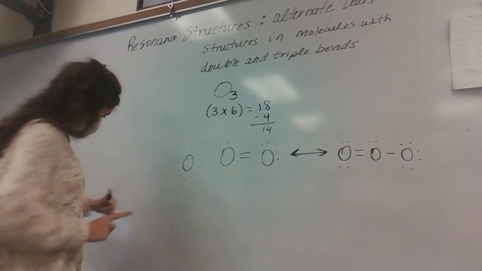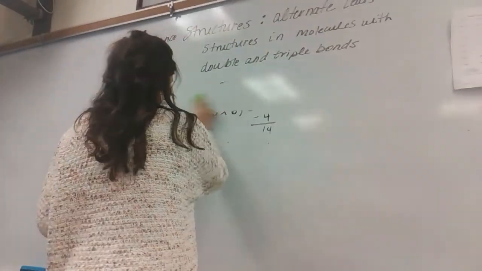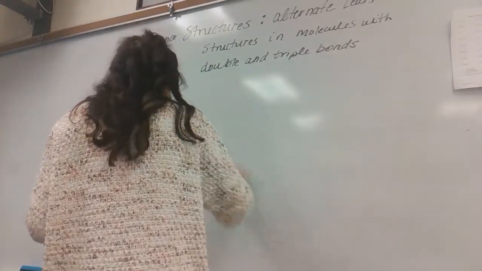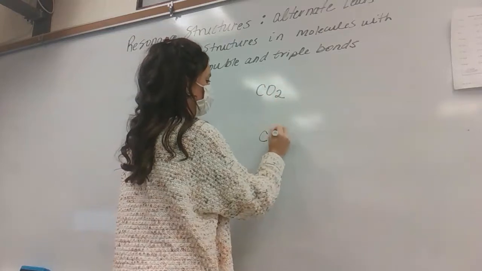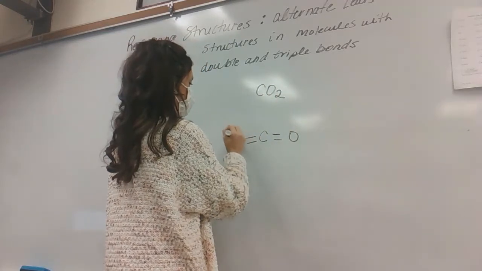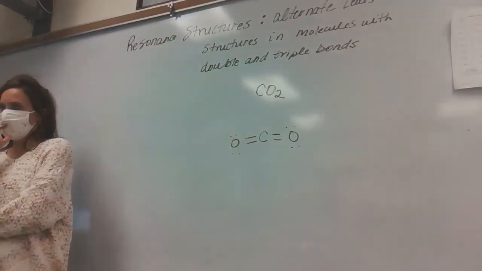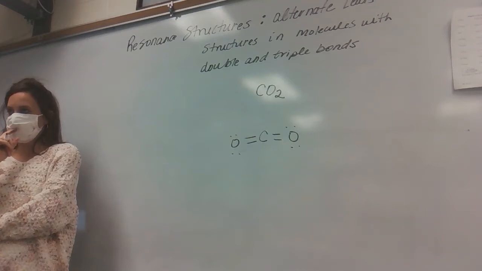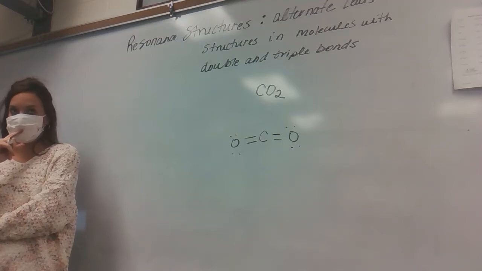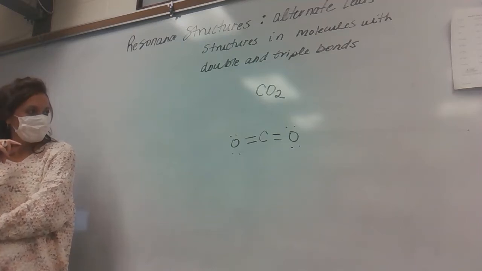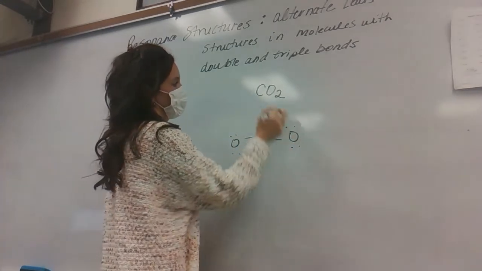Okay, just one more thing I want to talk about. Yesterday, in your notes, we drew carbon dioxide. Like this. I think. 2, 4, 6, 8, 10, 12, 14, 16.